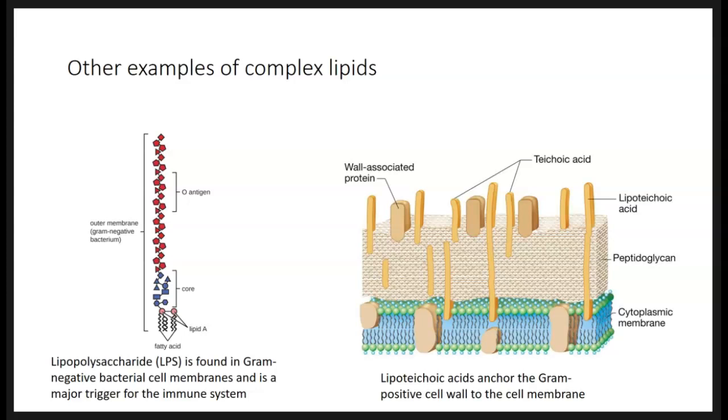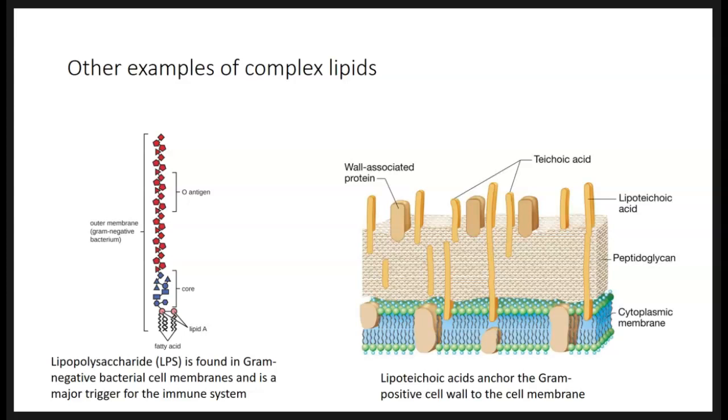So lipopolysaccharide, which is also known as LPS, is an important molecule found in the membranes of gram-negative bacteria cells. Here we have 2 glycerols with fatty acid chains covalently bonded to them. And then rather than being bonded to a phosphate, there's actually a polysaccharide.